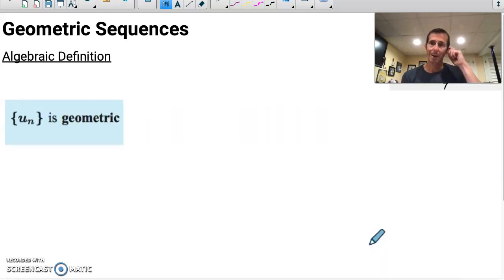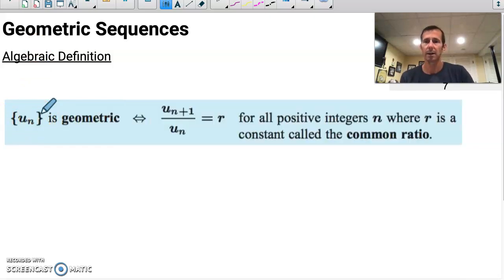The algebraic definition for a geometric sequence uses some notation that may be new. It is IB notation, what they use in the IB formula packet. This is set notation saying the set of values is geometric if and only if, and this double arrow both ways means if and only if, the ratio of consecutive terms, the one that comes after divided by the one before, equals r.